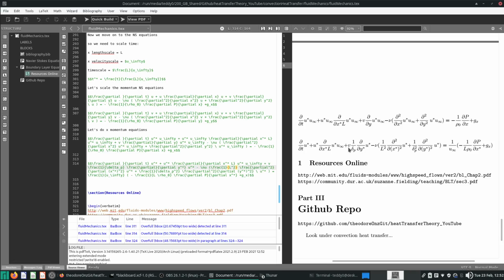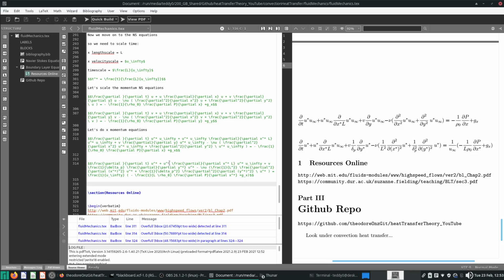Next thing we want to deal with is this v velocity here. Of course we've got to factorize these two out also. So we can factorize out the L and we can factorize out the u infinity.